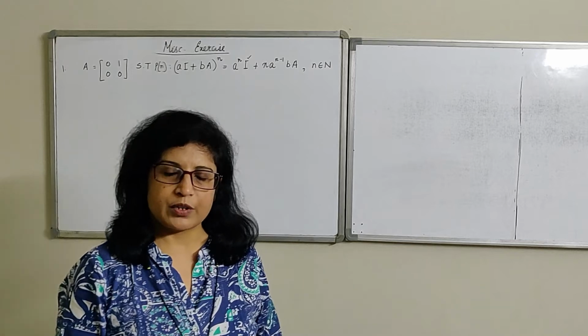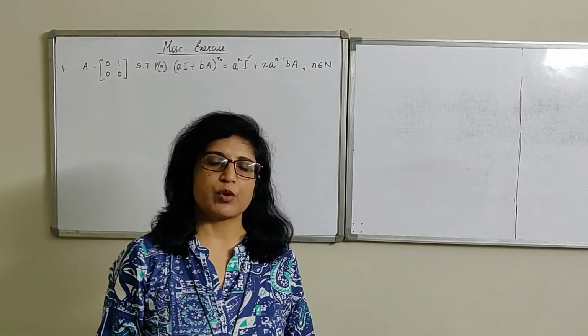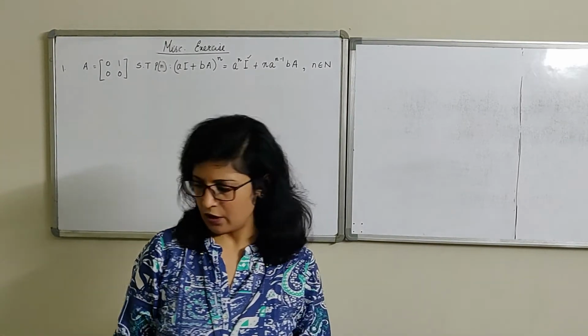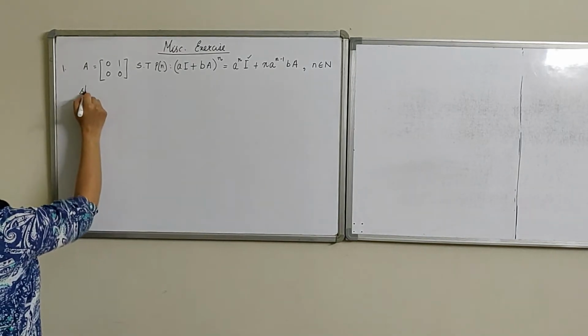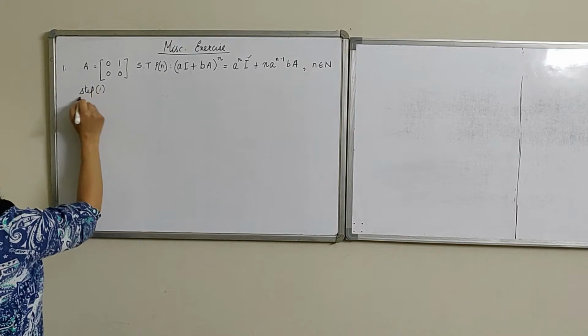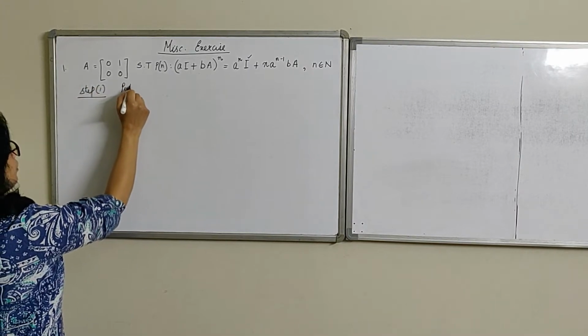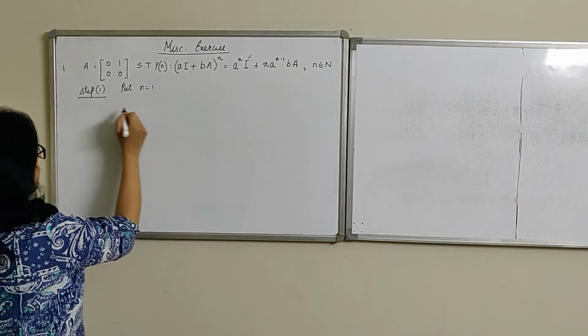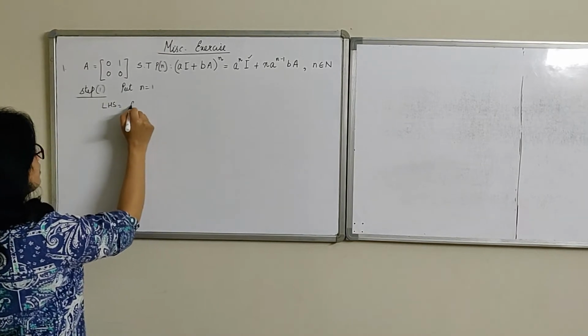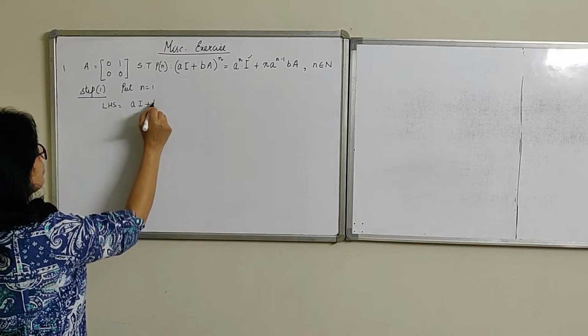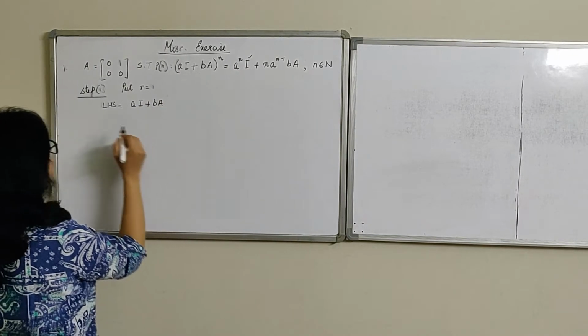So the application of the inductive process basically involves 3 steps. The first step here, we put n is equal to 1. The left hand side is aI plus bA and n is 1.